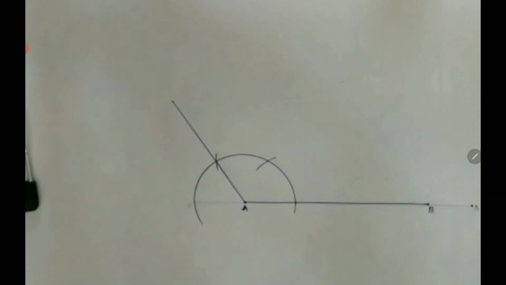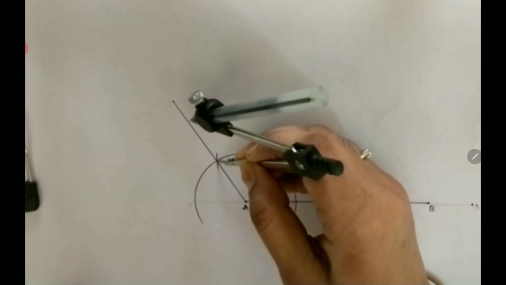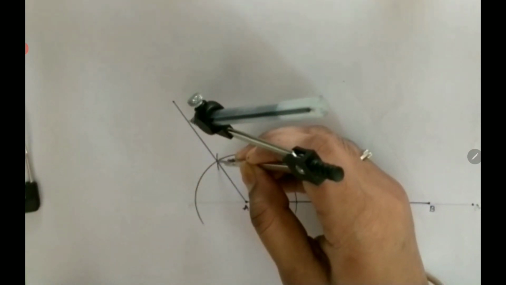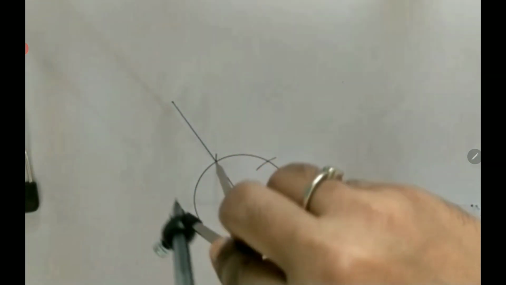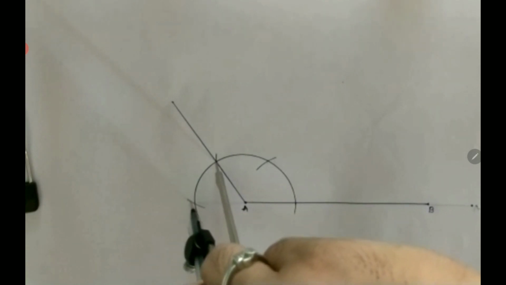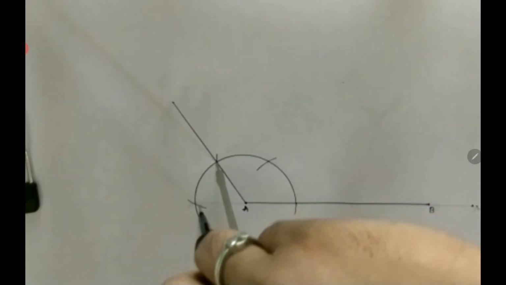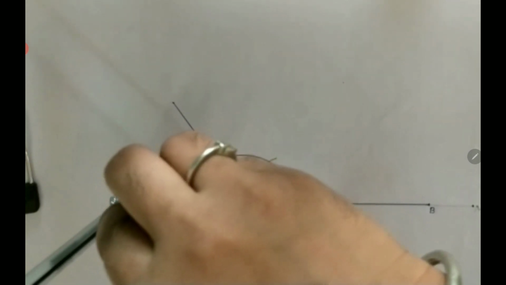Now here you got 120 degree angle. Next we have to bisect the 60 degree. With the same measurement, get the fourth point of intersection for 180 degree. This is for 180 degree. Now one angle is 120, the other angle is 60 degree.